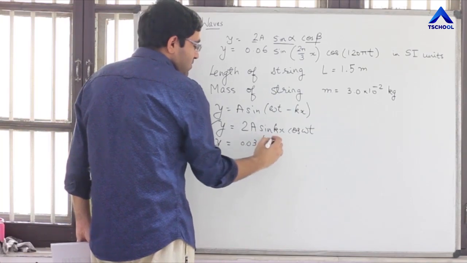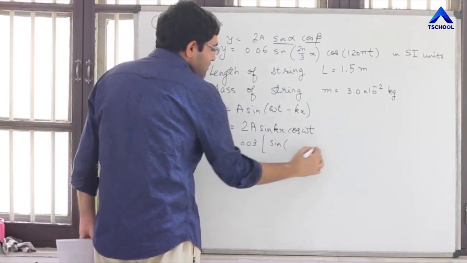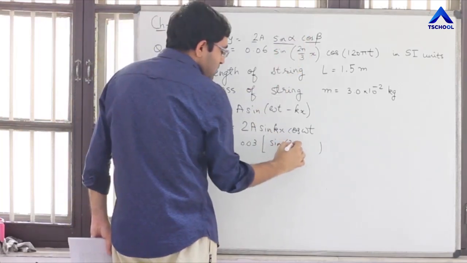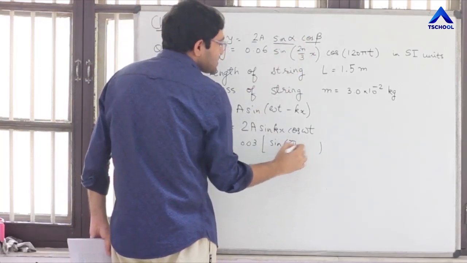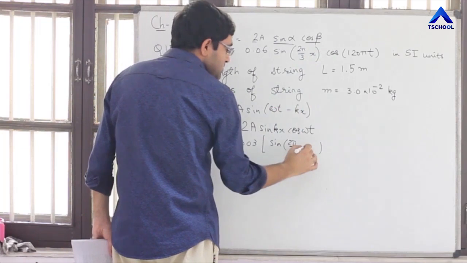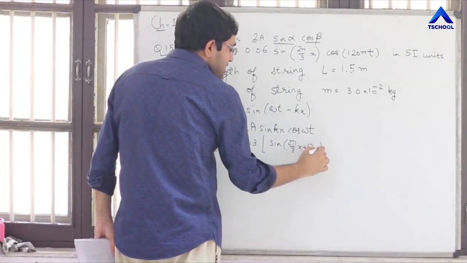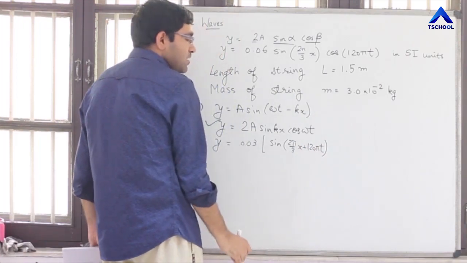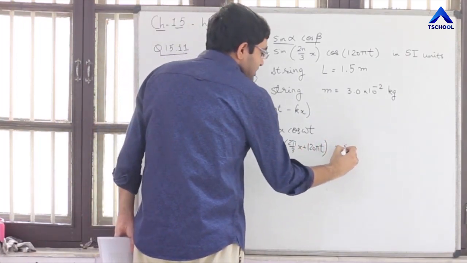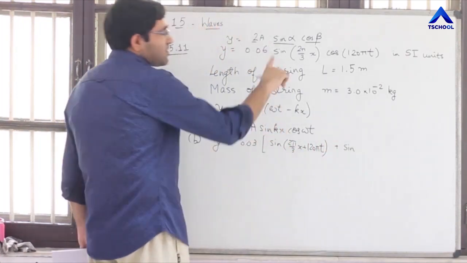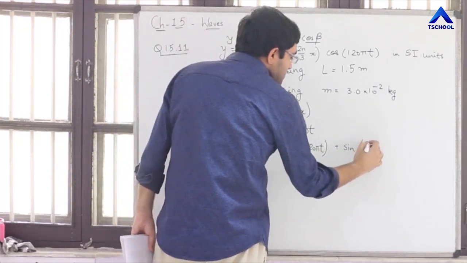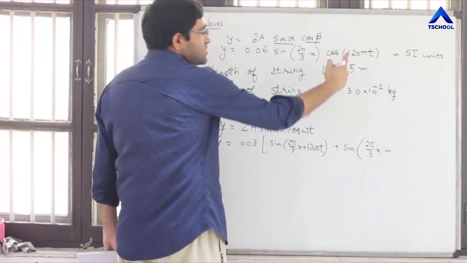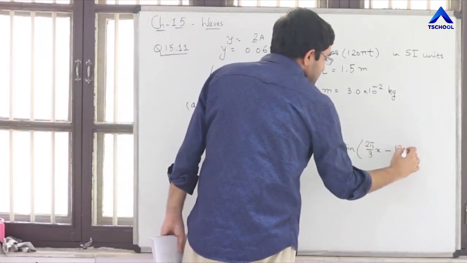Sine alpha cos beta obviously becomes sine alpha plus beta, so you have 2 pi by 3x plus 120 pi t, plus sine alpha minus beta, so that is going to be 2 pi by 3x minus 120 pi t.